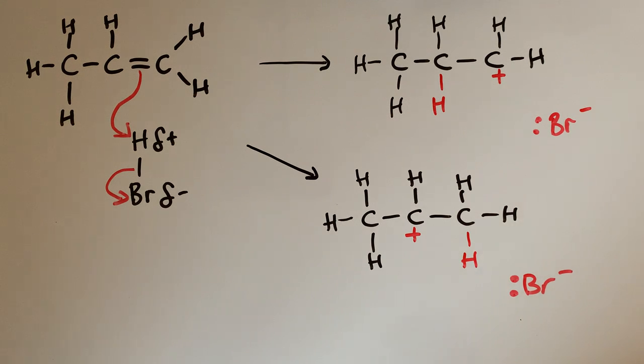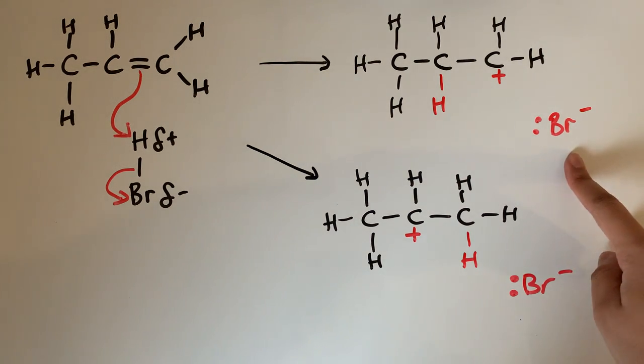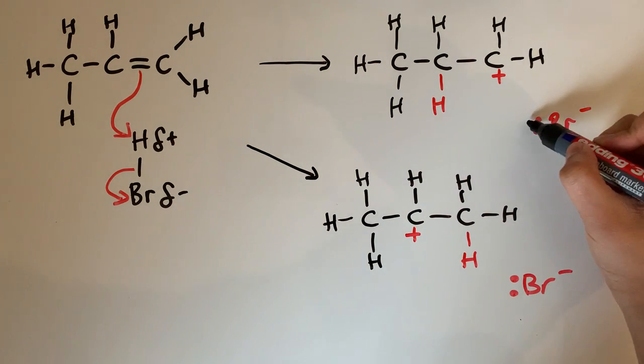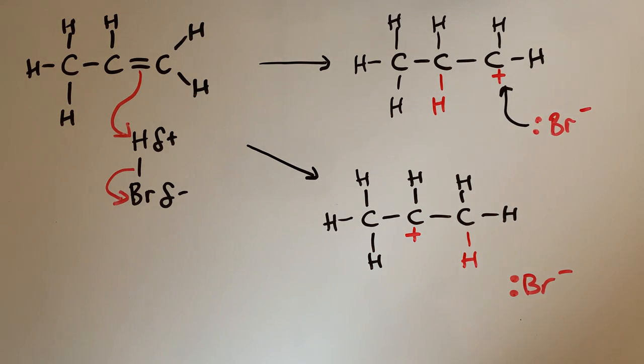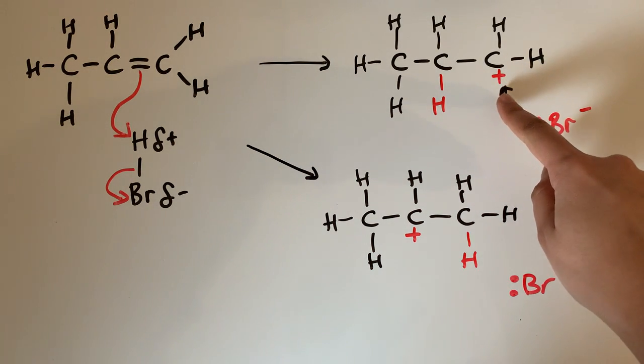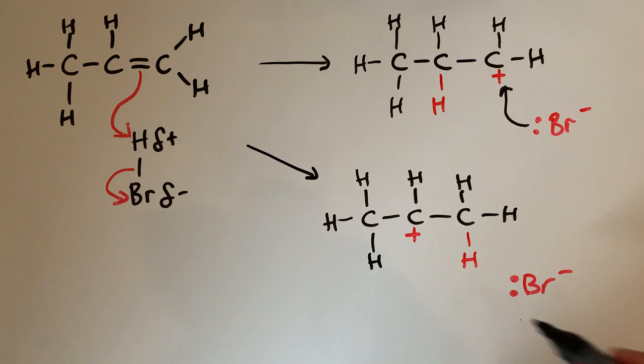From there we then have to predict which one is the major product. Once we do the final curly arrow, the Br will be attached here, so that's one product. And when I finish this one here, the Br will be attached to the middle carbon, so that's the other product.